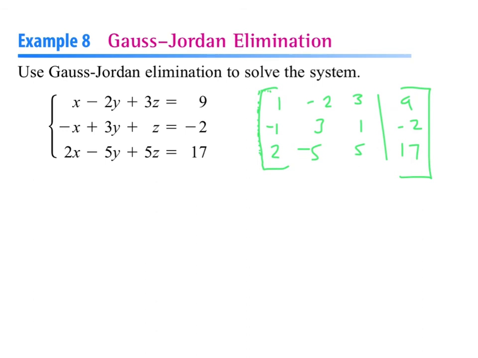So again, we want to get our diagonal of 1s and 0s underneath. We already have 1 in our first spot, so we're good to go. Next we want to try to get a 0 here. What can we do to get a 0 into that second row, first column spot?